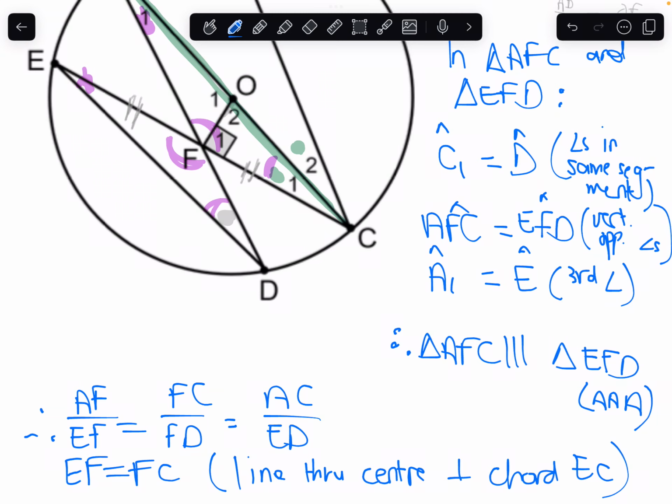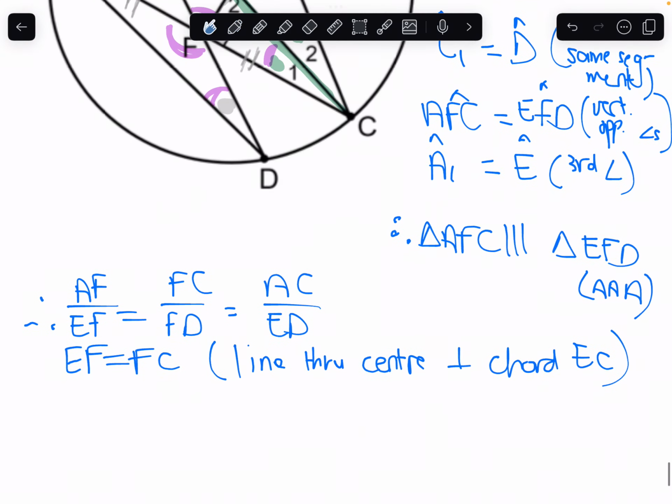So it bisects that chord. And I need to stop forgetting to give the reason. The reason we know this is because triangle AFC is similar to triangle EFD.